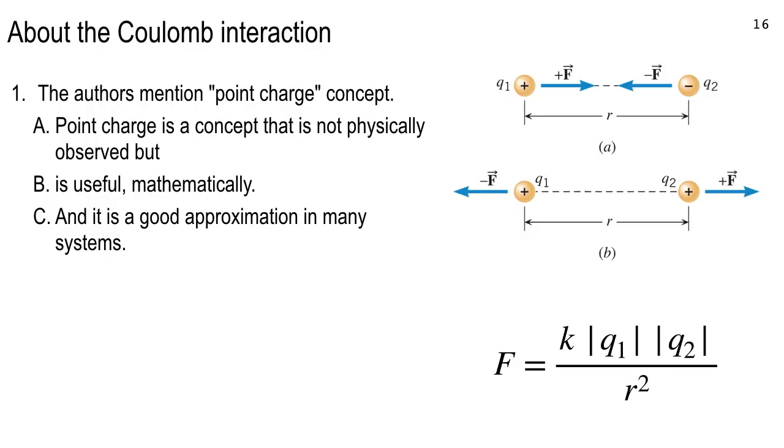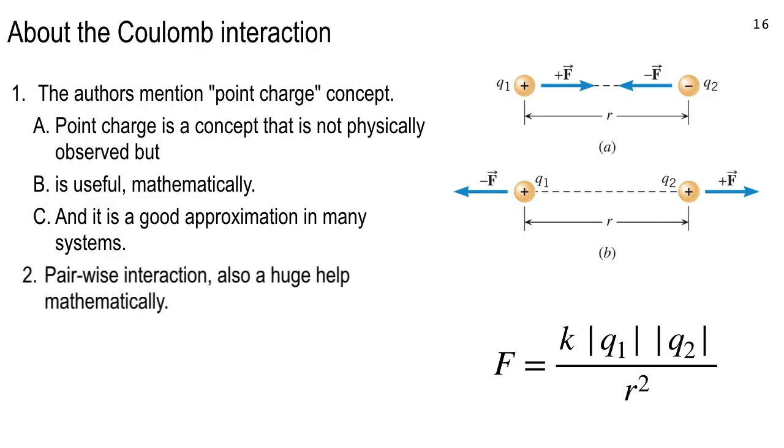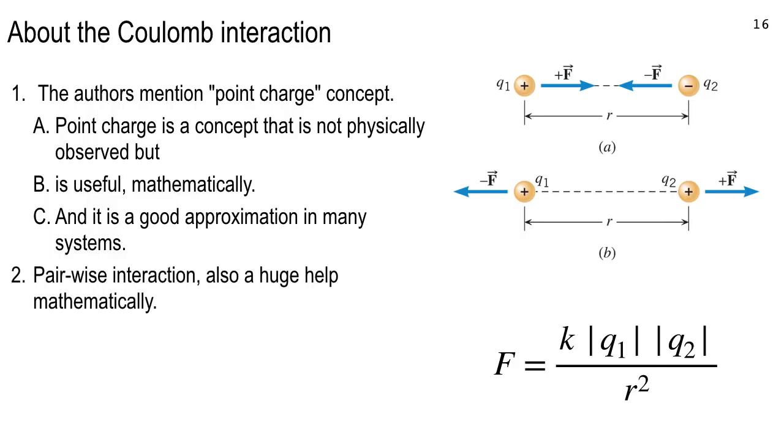And they give you an example that's kind of outlandish that we'll talk about in a minute, where they calculate the interaction force. It's pretty ginormous. The other important thing is that it's a pairwise interaction. Now, when we get to the section on atoms and electrons, I'll show you something called a Feynman diagram, which is the quantum mechanical way of viewing electrons and photons.